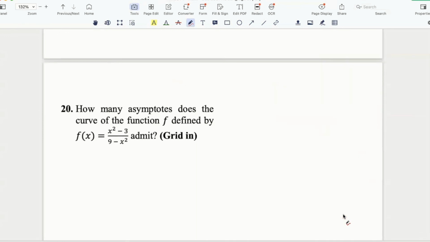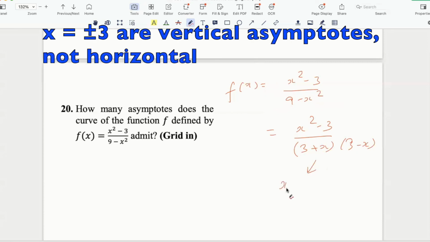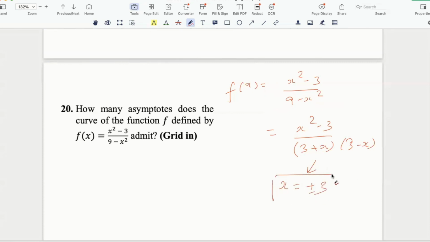How many asymptotes does the curve of this function have? f(x) is (x² - 3) by (9 - x²). So I can write this as (x² - 3) over (3 + x)(3 - x). So there are two vertical asymptotes at x equal to plus minus 3.